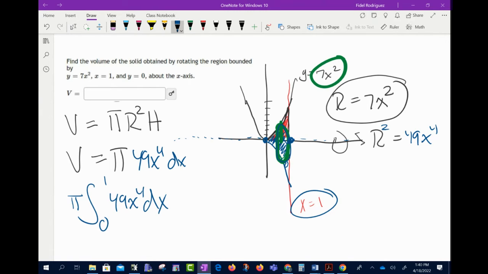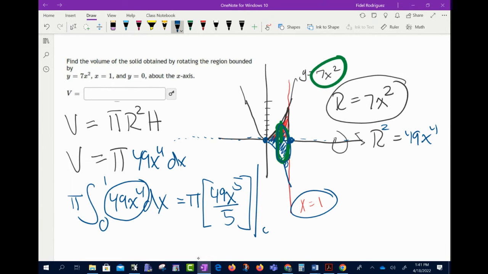Okay. So this is going to be equal to pi. Now, we're going to go ahead and find the antiderivative. Does anybody know what is the antiderivative of 49x to the fourth? 49x to the fifth divided by 5. Very good. And again, y'all, we're evaluating this from 0 to 1.